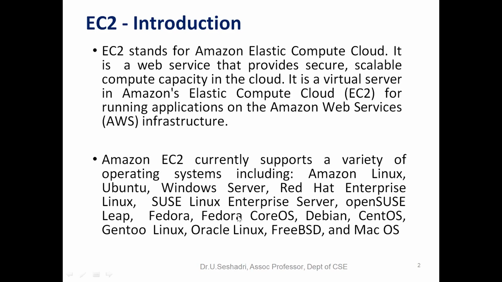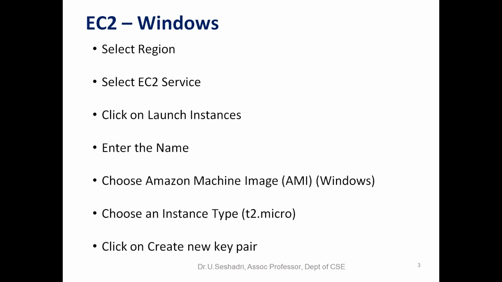Now, first I have to explain how to launch and connect the Windows Server. For that, what are the steps we have to follow? I prepared in the PPT very pinpoint steps. Based on the PPT, we have to launch and connect your Windows Server. First, we have to select the region.